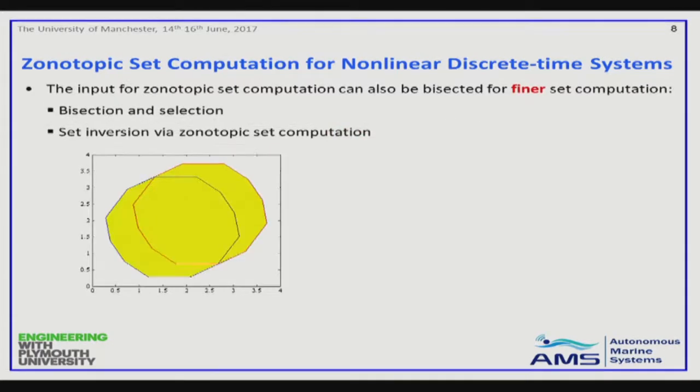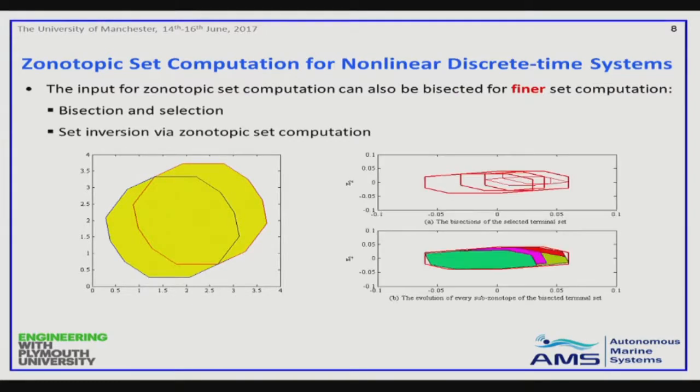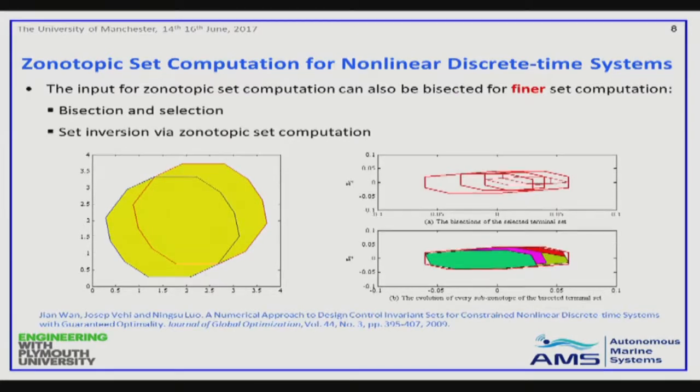During my PhD study, I proposed a way to bisect a zonotope. Similar to bisecting an interval, we can bisect a zonotope and judge the property of the smaller zonotopes to get the property of the original zonotope. You can refer to this paper to see how to bisect a zonotope.